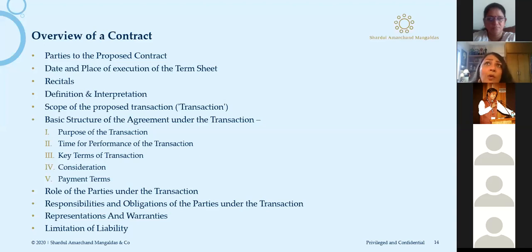The other important part relating to the beauty of the representations and warranties clause is, if you do something which is either a willful default, or a breach, or gross negligence which was not commensurate with the duty you had under the agreement, I will not only have a civil remedy against you under the contractual law and act, but I will have a criminal remedy against you.